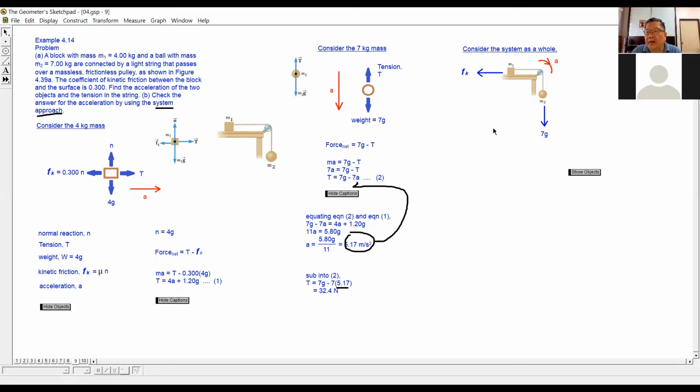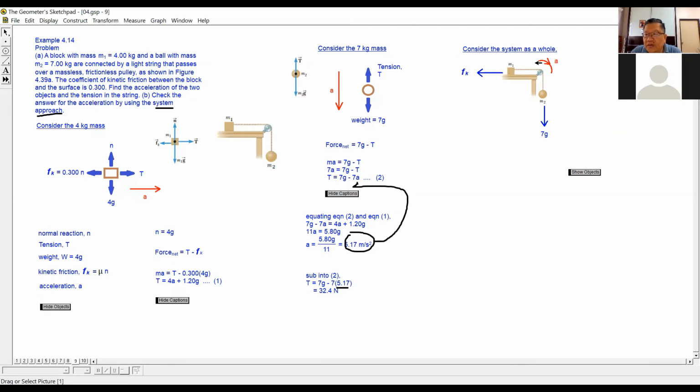Okay, and which direction is the system moving? The system is moving clockwise. Okay, the a is here. So if the system is moving clockwise, moving downwards here, the weight 7g must be bigger than the frictional force. Okay, so there are only two forces acting on the system.